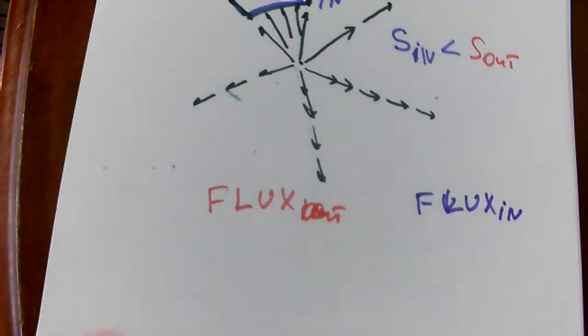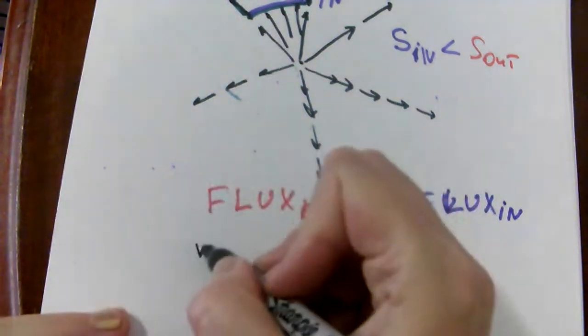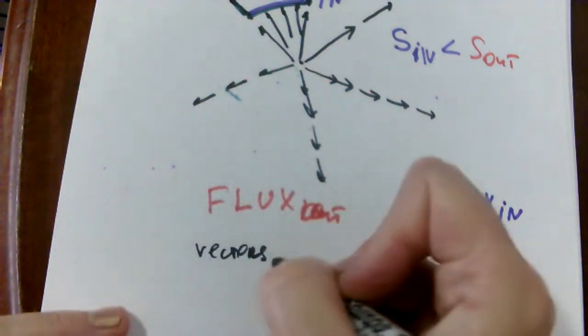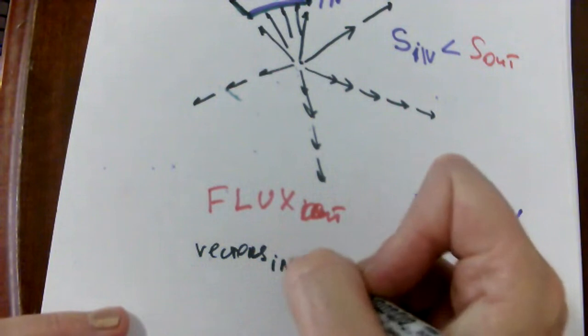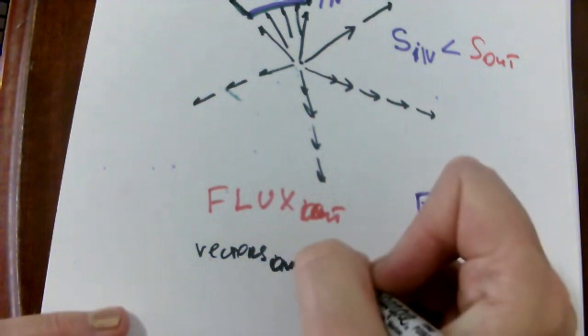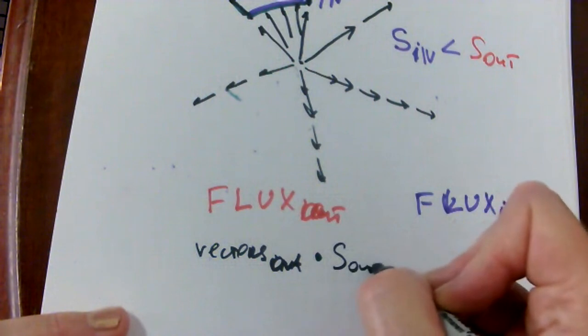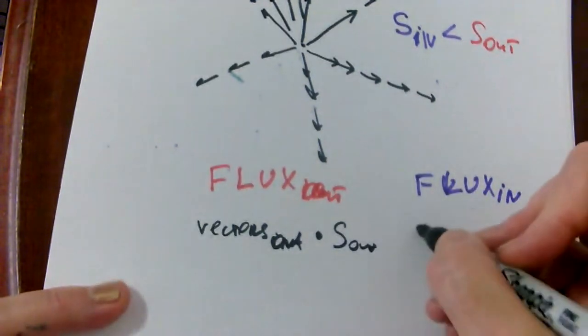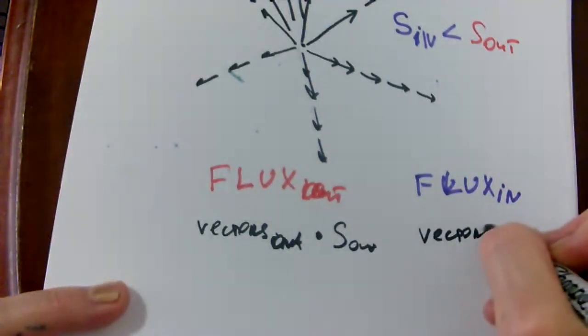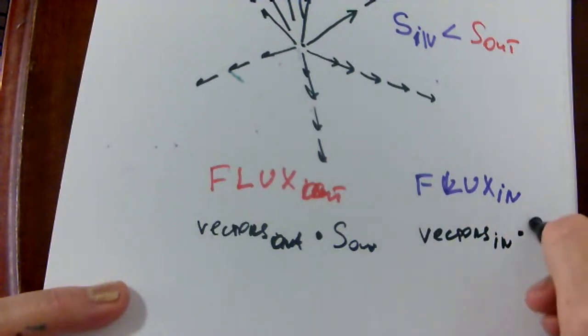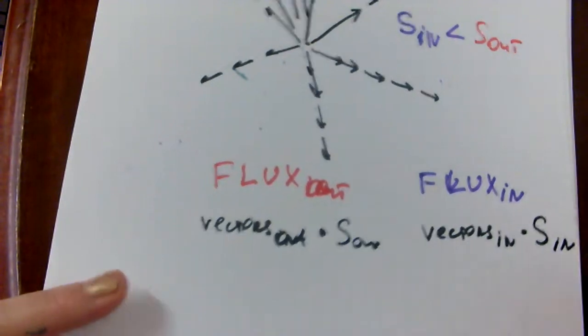Flux out is just vectors out, sorry, I'm getting tired, times area out. And flux in is equivalent to all the vectors in times area in.